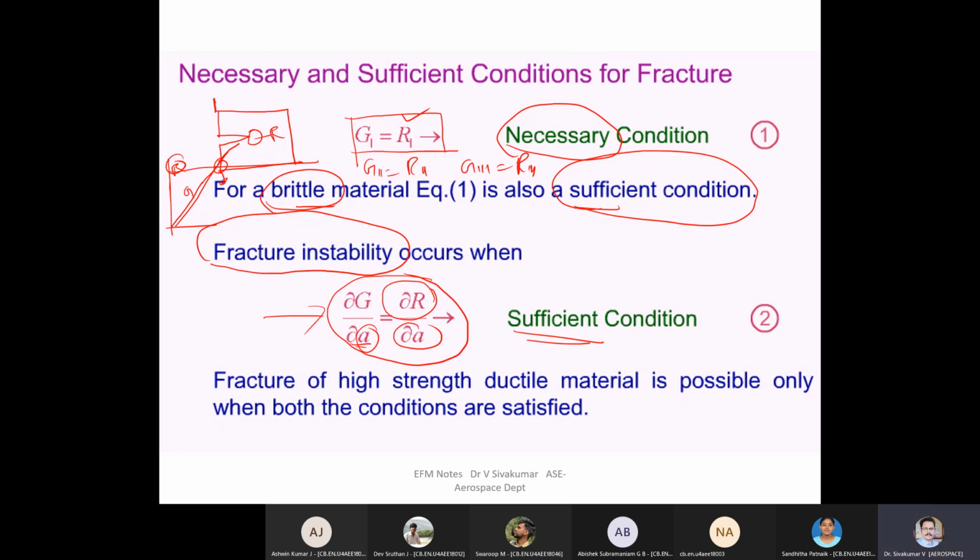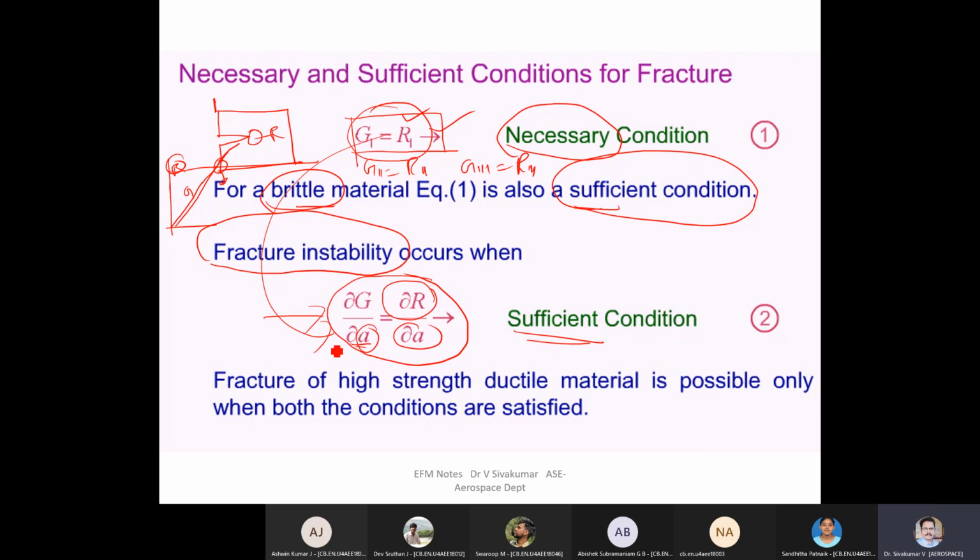For the brittle materials, one particular formula itself will serve for both conditions. Whereas for the ductile material, in addition to G equal to R, you have to check another condition, that is the slope, dou G by dou A equal to dou R by dou A. You will realize after a few slides why all this.